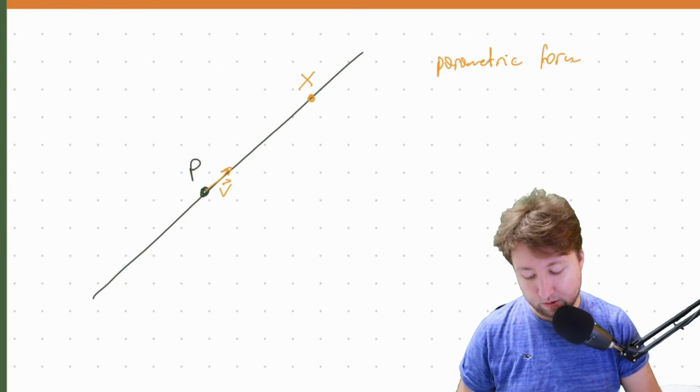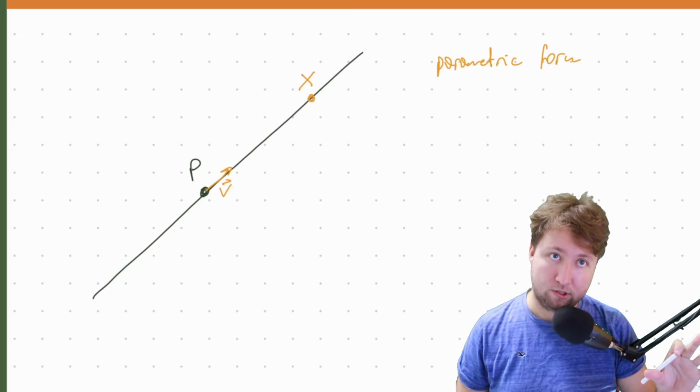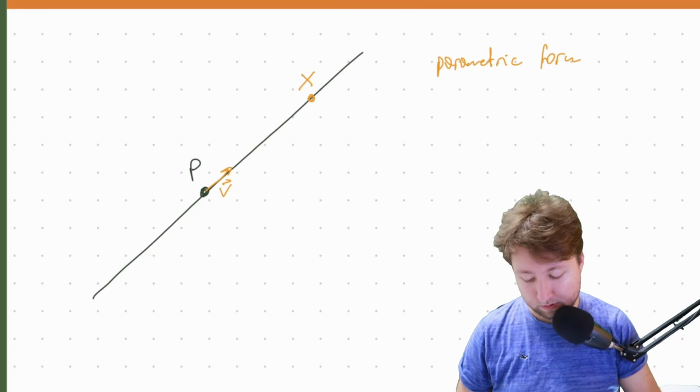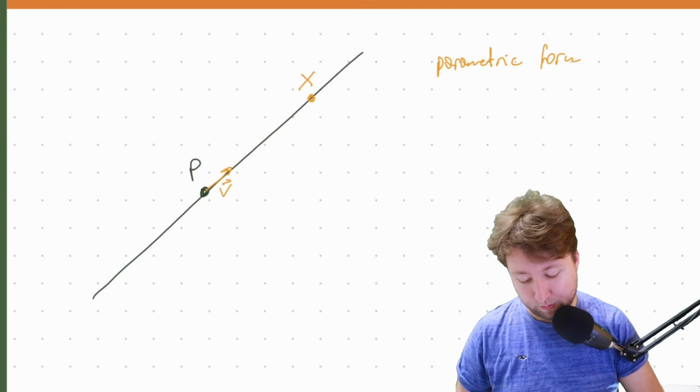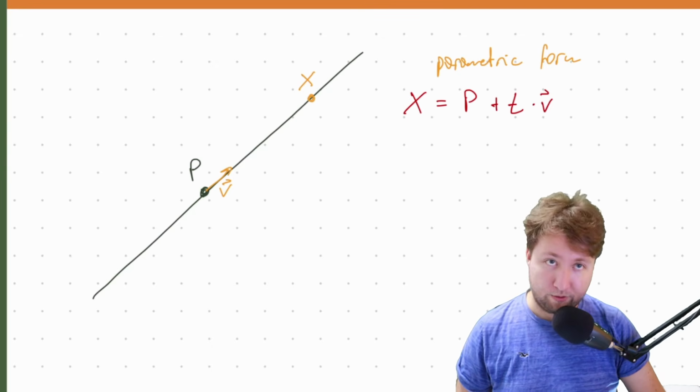That's this one over here. And adding a scalar multiple of this directional vector to the fixed point, we can eventually reach our point x. So in other words, we can write the parametric form as x can be written as the fixed point p plus a scalar multiple of the directional vector of the line.